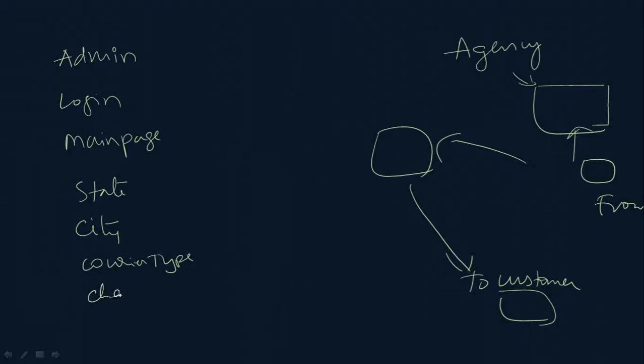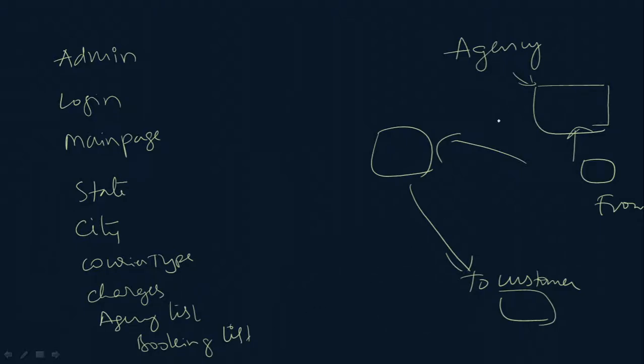Then the charges, what are the charges per packet or letter. Then the agency list, who the agencies are. Then the booking list, what bookings are done, so admin can see across all the agencies.